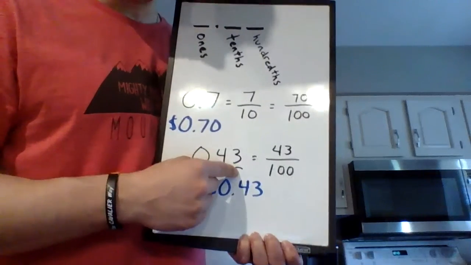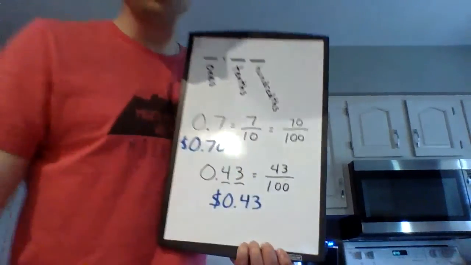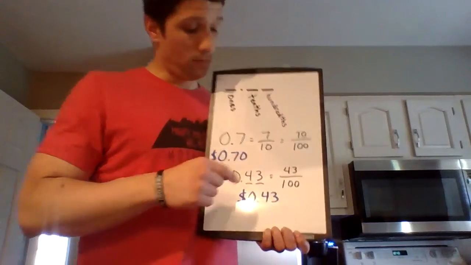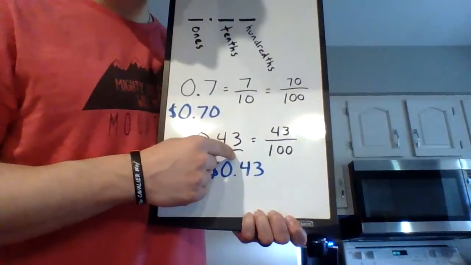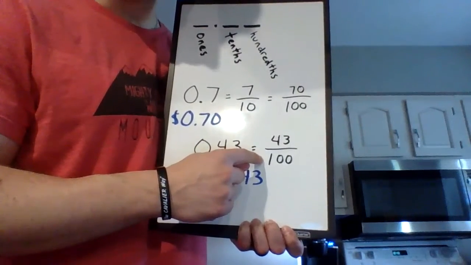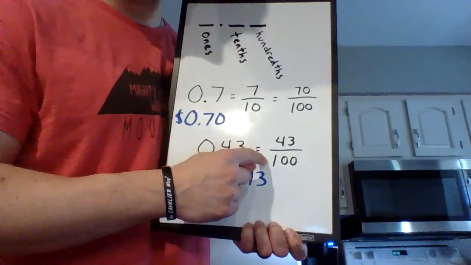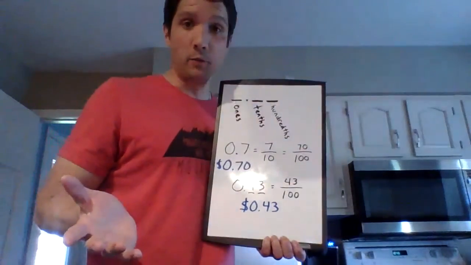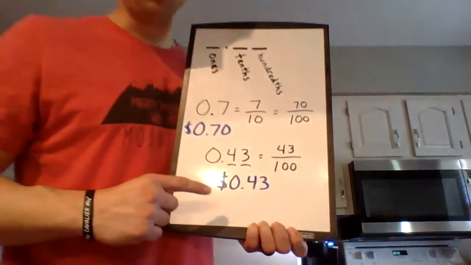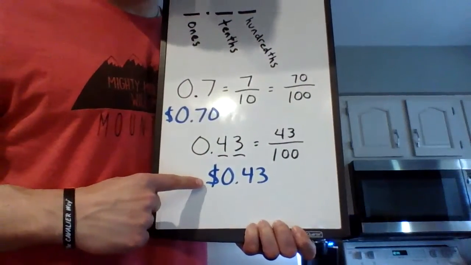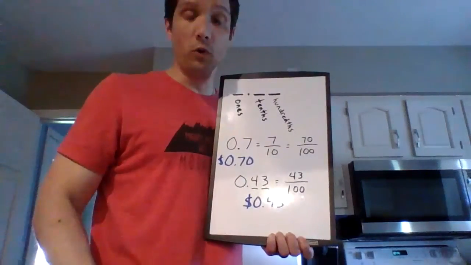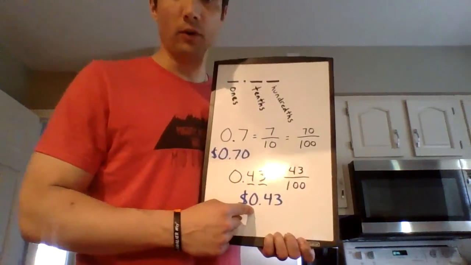The hundredths place has a value of 1 penny, so this would be 3/100ths. You put these together, you get 43/100ths. Comparing it to money, it would have a value of 43 cents. We didn't have a whole dollar, which would be one whole, so we have nothing in our ones place.